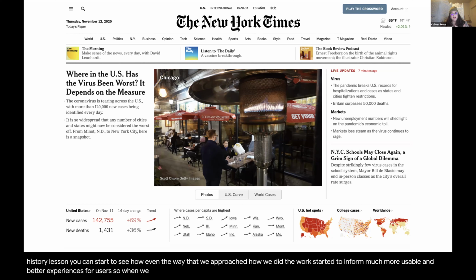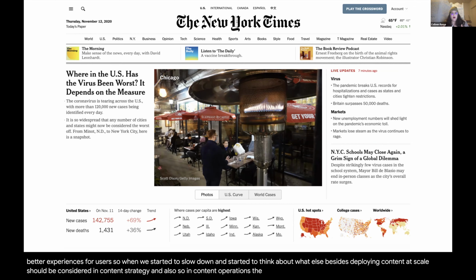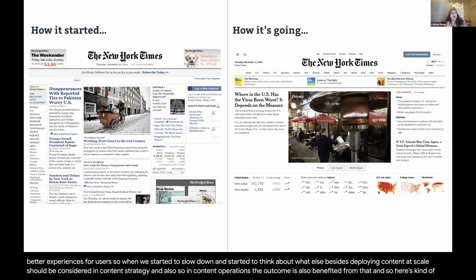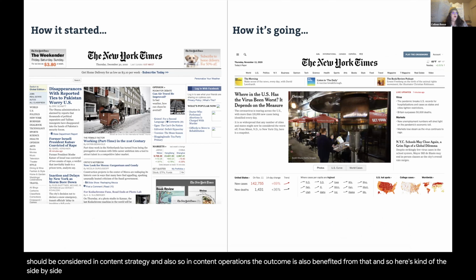So when we started to slow down and started to think about what else besides deploying content at scale should be considered in content strategy and also in content operations, the outcome is also benefited from that. And so here's kind of the side-by-side comparison of these two things.